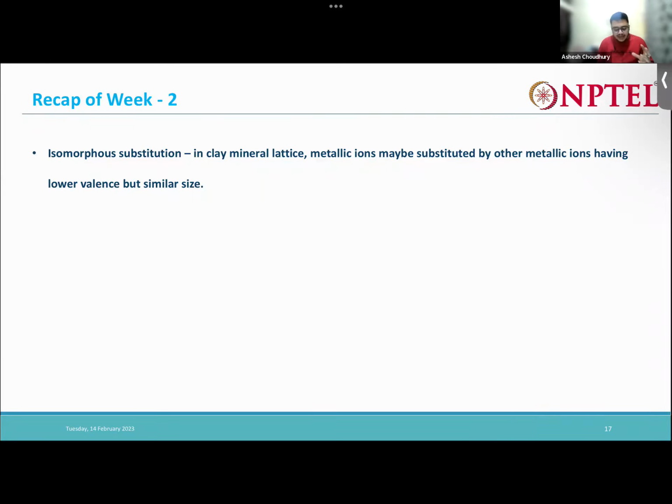In the clay mineral lattice, the metallic ions present, which are silicon, magnesium, aluminum, may be replaced by some other metallic ions which have lower valence, that is lower charge, but similar size to the metallic ion already present. This process is called isomorphous substitution.